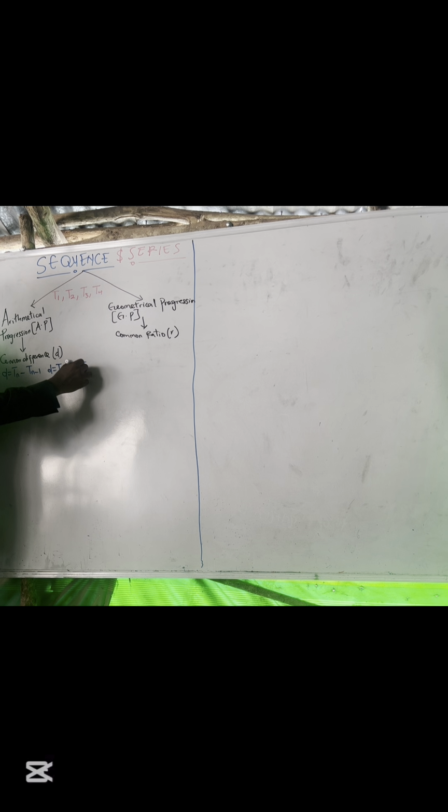So the general formula for the common difference D is actually D is equal to Tn minus Tn minus 1. And this simply means that our common difference D can equal T2 minus T1 or T3 minus T2 or T4 minus T3. That's the general formula for common difference.